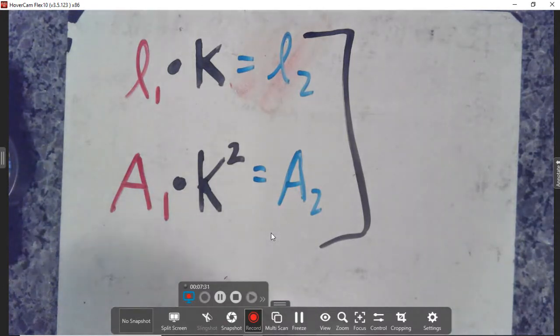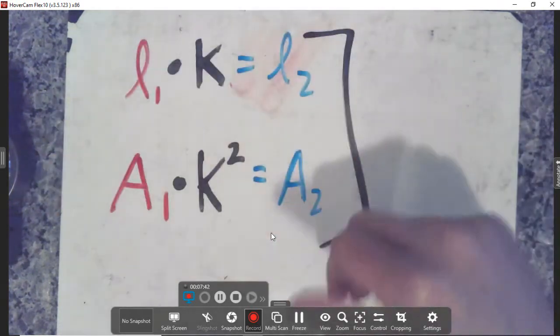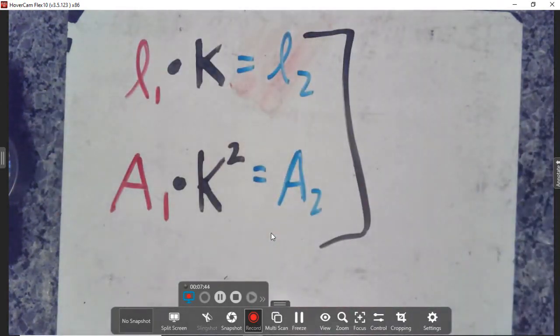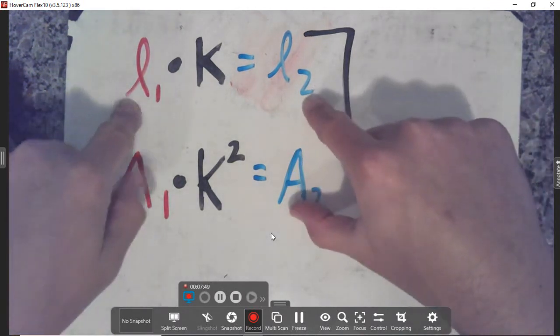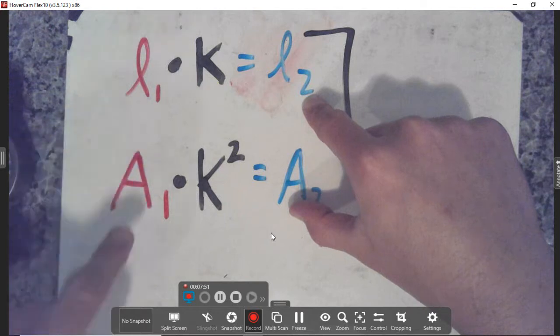If you have a weird looking shape and let's say you don't know the height, well, you can't find the area if the height is a part of the formula. But if you know the scale factor, then you can work your way around finding some of that information. If you have this, this, and this, and you know the scale factor, then you're able to find this.